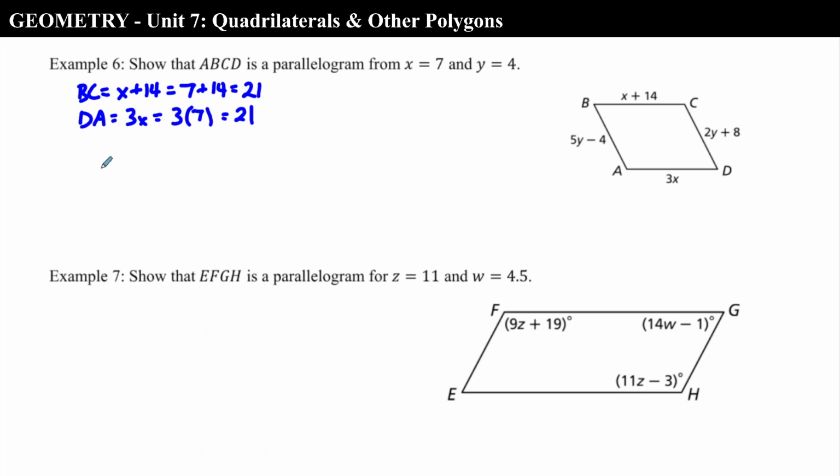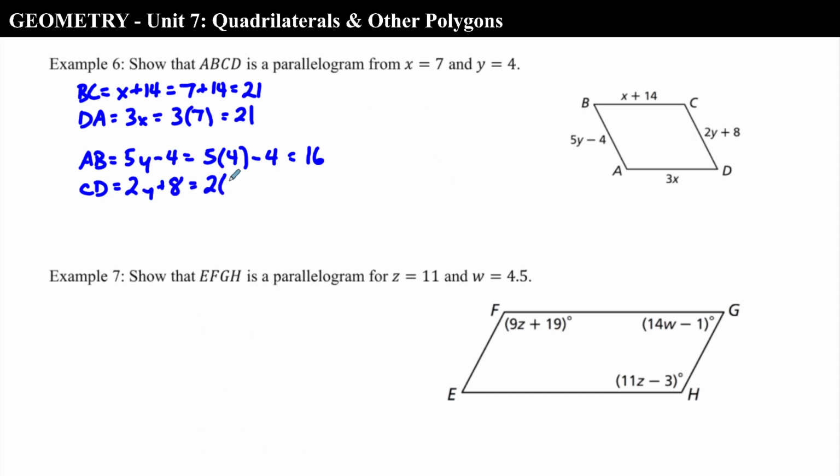So now let's do the same for the other sides. We know that AB is 5y minus 4. Substitute in our y, which is 4. You get 20 minus 4, which is 16. CD is 2y plus 8.